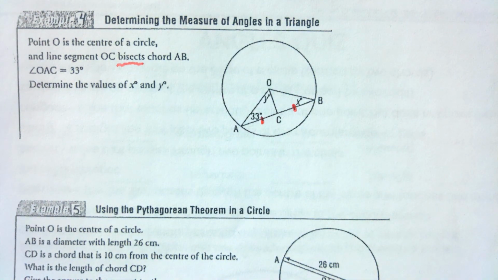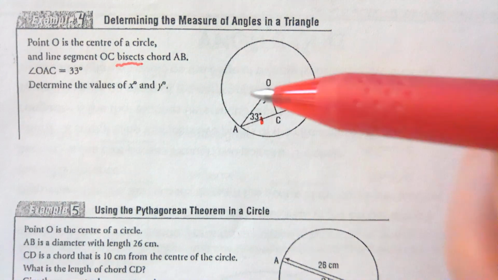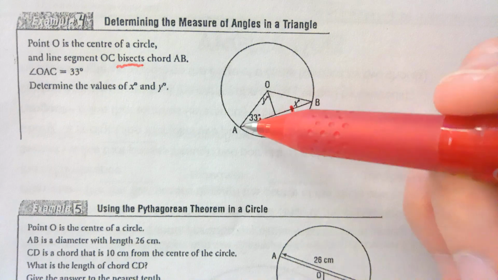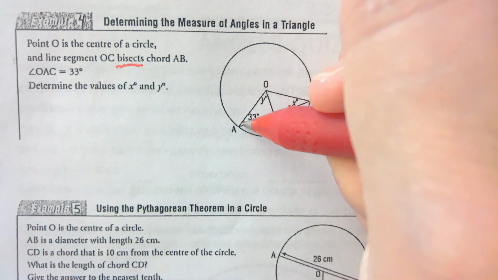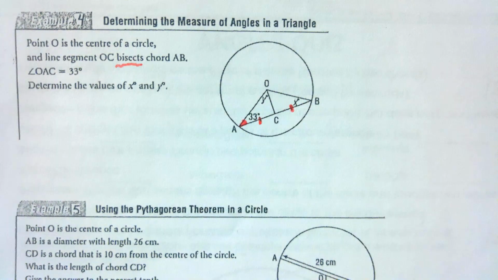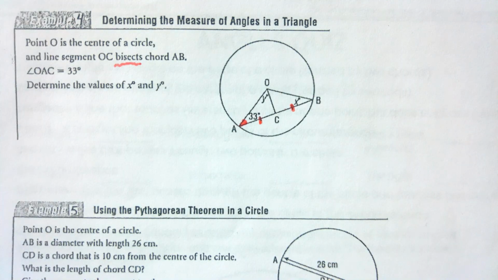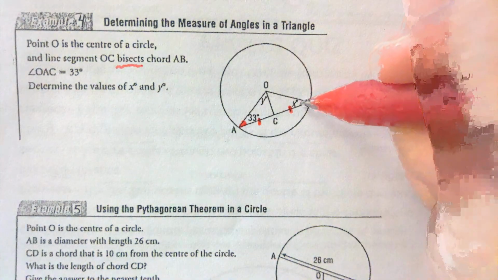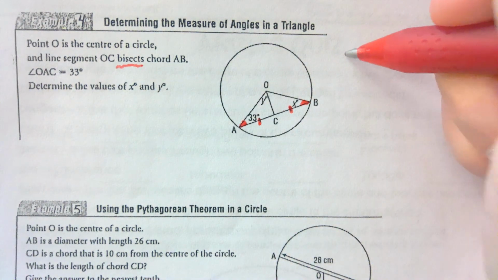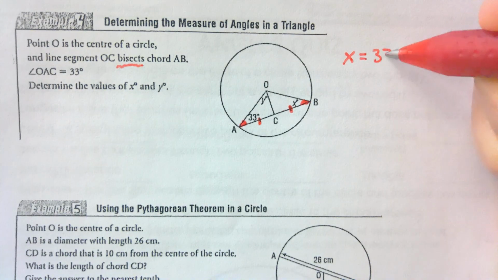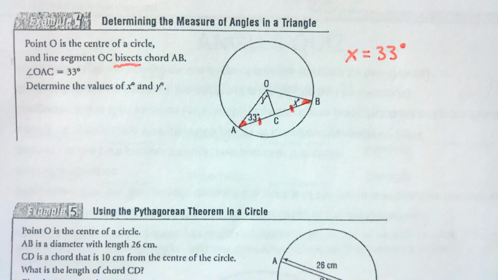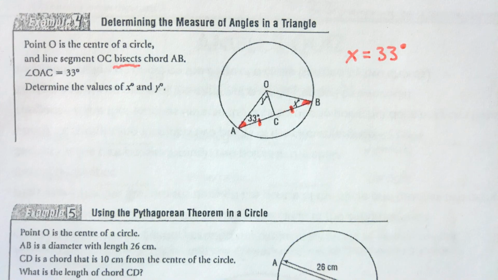So if angle OAC is 33, what is the angle X right here? 33 degrees. But why? They look the same.